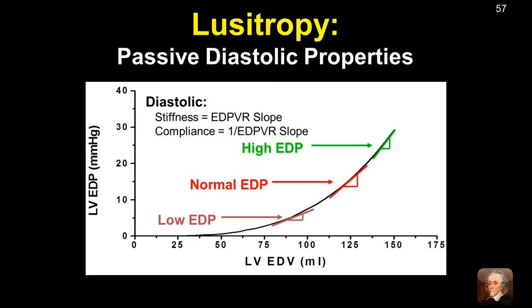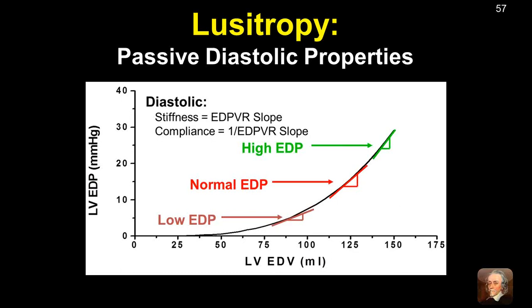In terms of how people think about and quantify diastolic properties, this is where there's the most confusion and difficulty in how to analyze and present these things. That's mainly because the relationship is nonlinear, and therefore you can't define it by a simple parameter like the end systolic elastance, which describes the performance of end systole no matter what the loading condition is.